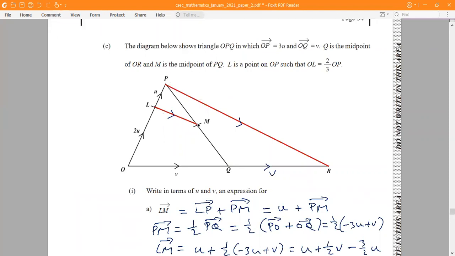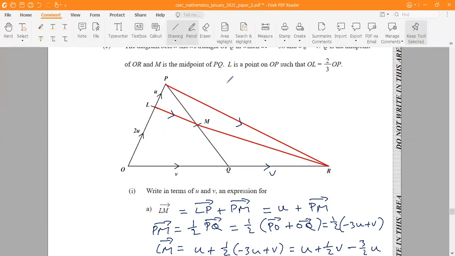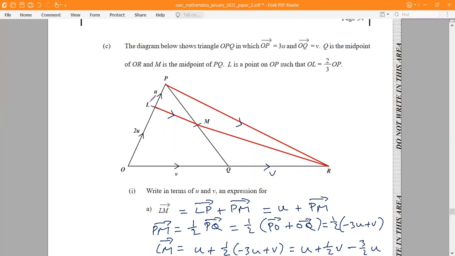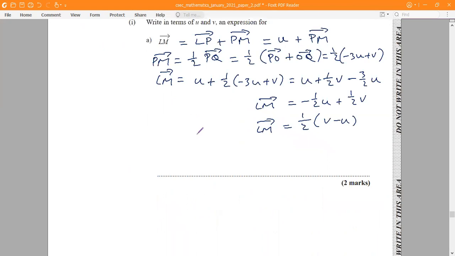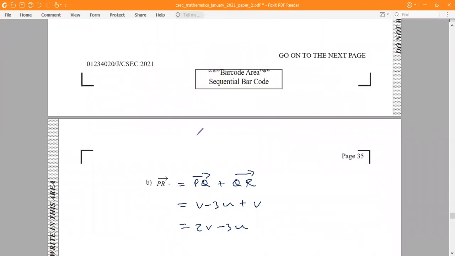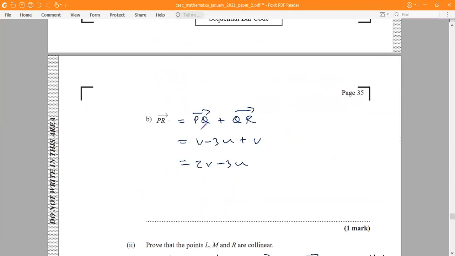What we are trying to prove is that L, M and R all lie on the same straight line. We have LM being 1/2 times V minus U. This is our answer for number 1.